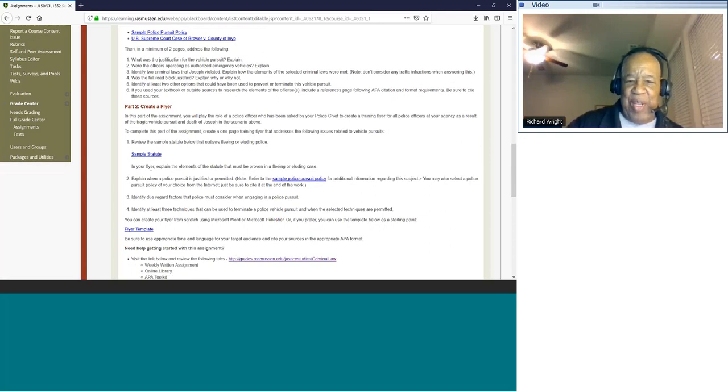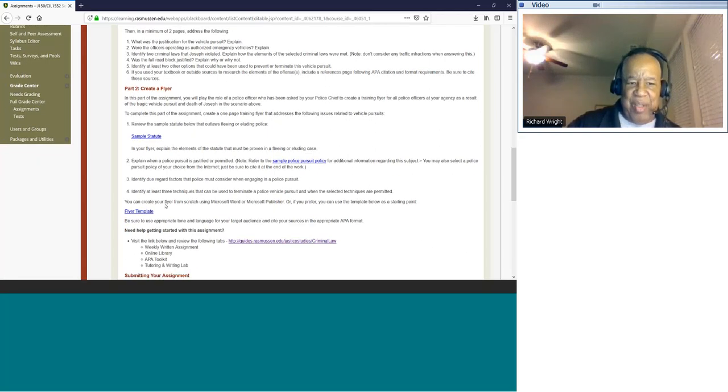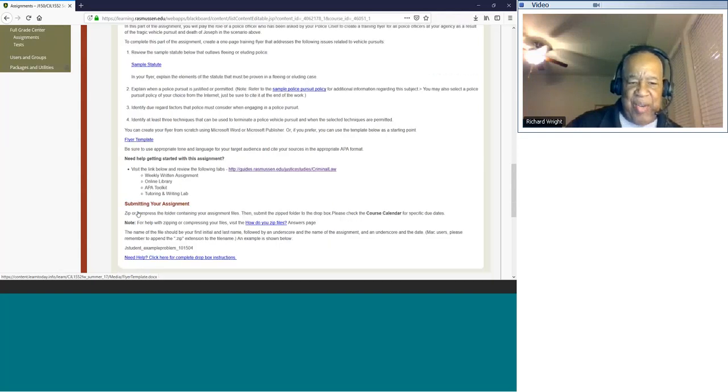In your flyer, explain the elements of the statute that need to be proven in a fleeing or eluding case. Explain, identify, and then provide at least 3 techniques. There's a statute you look at, and then there's a template that helps you to put together your flyer. All right, so you will be graded on that entire thing.